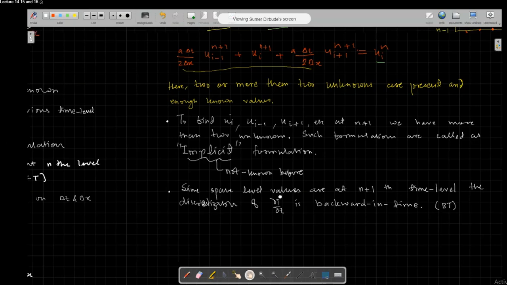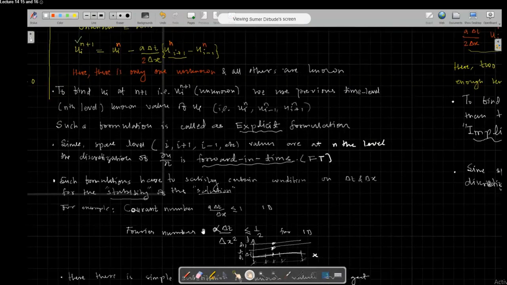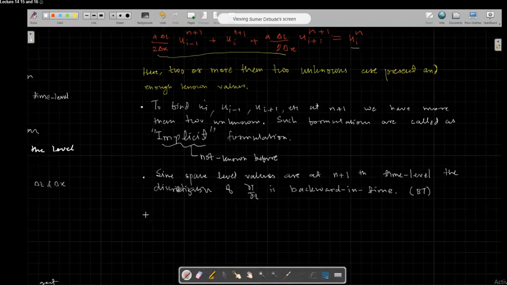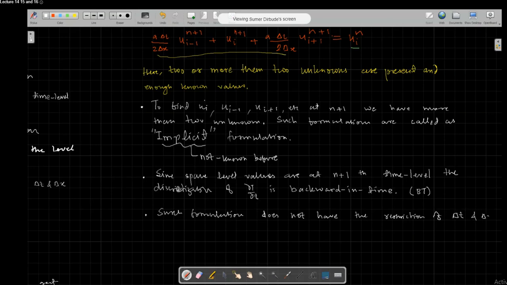And what was the third point we mentioned here? Such formulations do not have the restriction of delta t and delta x, as these methods are unconditionally stable.